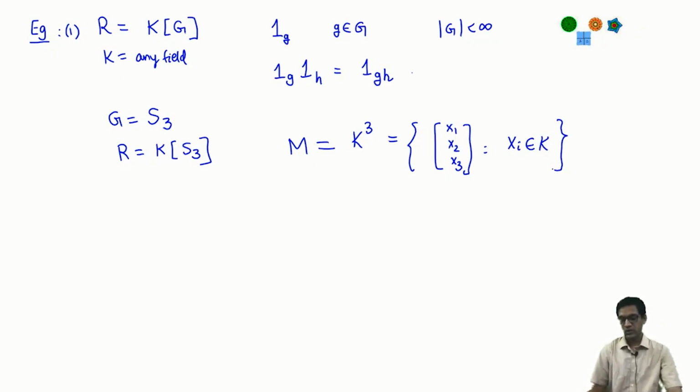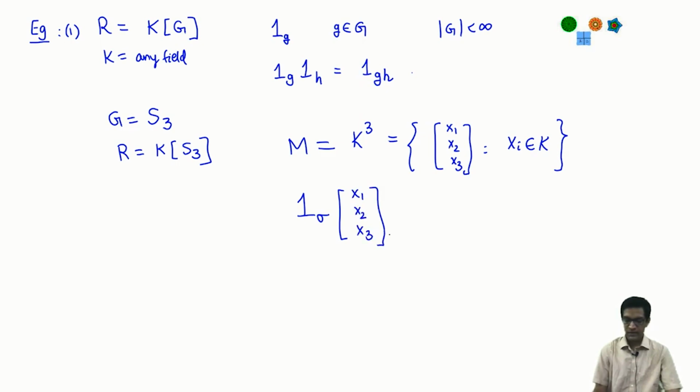In fact, it's also a vector space, but at the moment we think of it as an abelian group. And the action, or the scalar multiplication, by these basis elements 1 sigma is given by the following formula.